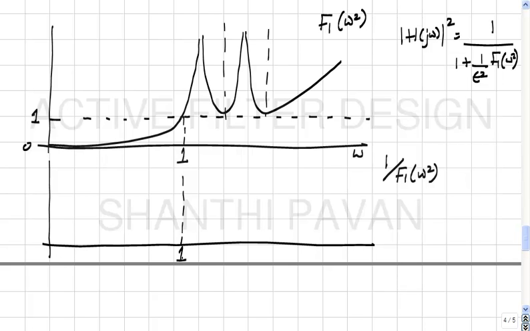what? At 0, what will it be? Infinity. Okay. What will it be at 1? 1. Okay. Then what will it be here? Okay. And then here it will be a maximum.